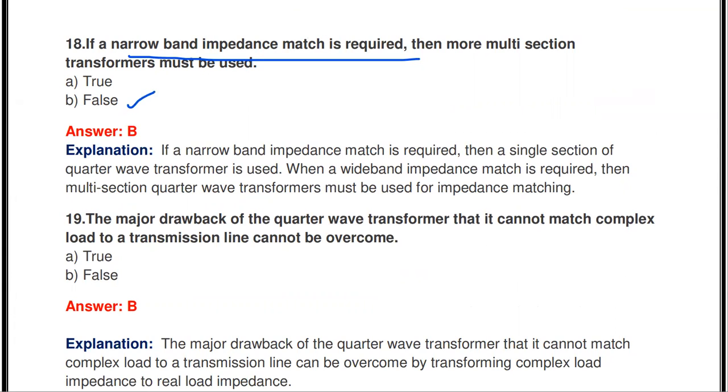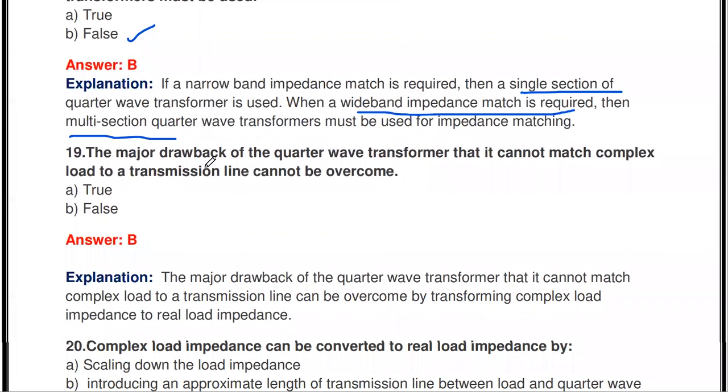If narrow band impedance matches are required, then a single section quarter wave transformer is used. For wide band impedance matching, we can use multi-section transformers.